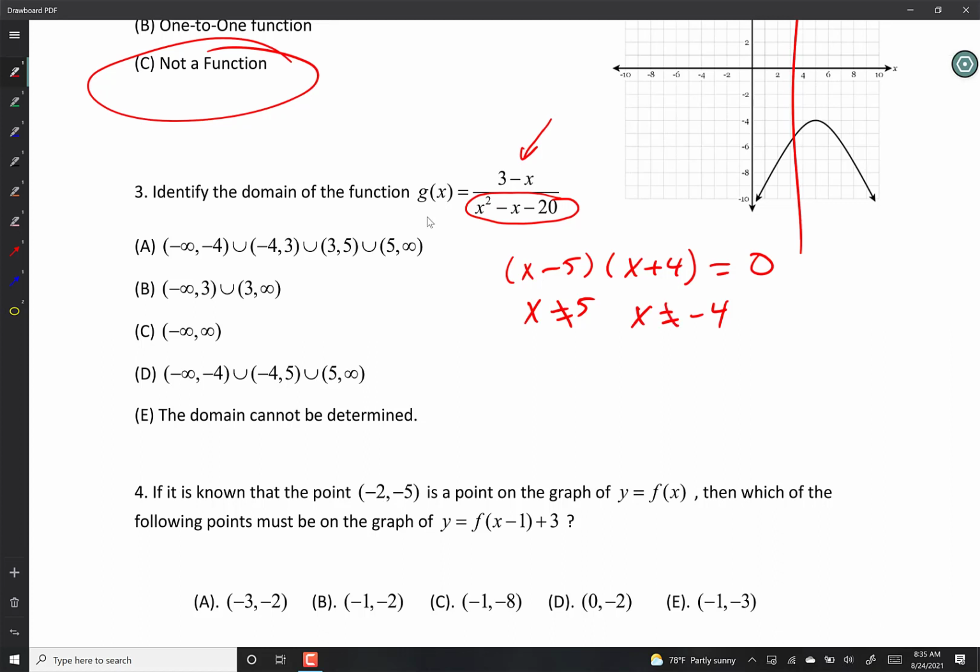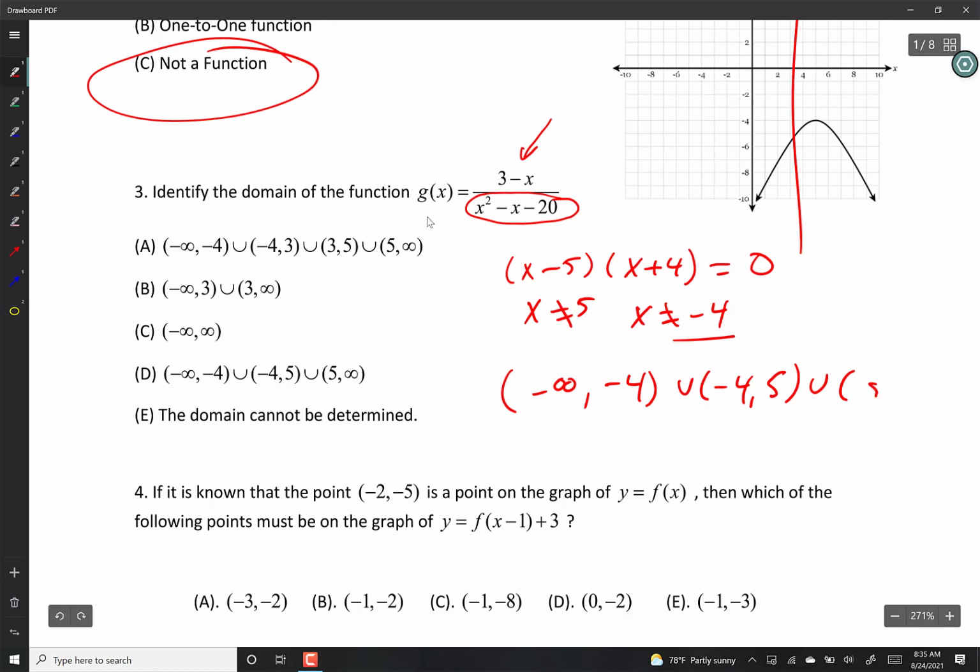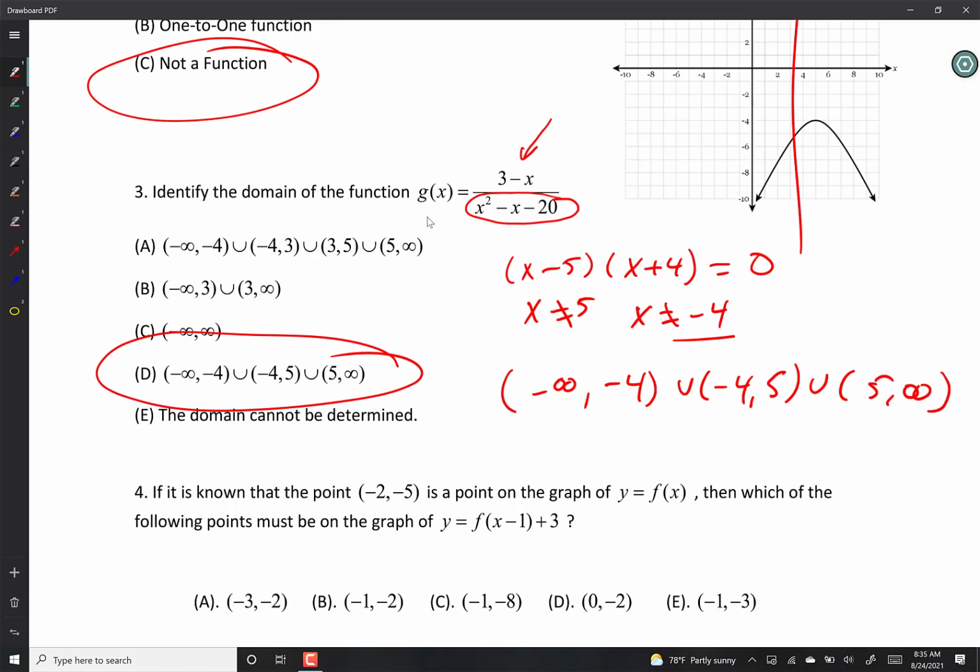But since I have interval notation, you go negative infinity until you hit negative 4, union negative 4 until you hit the 5, union 5 until you hit infinity. So that is D. How do we feel, guys?